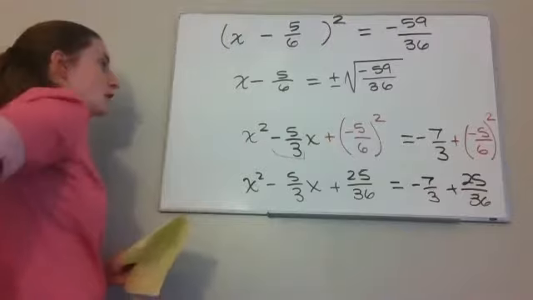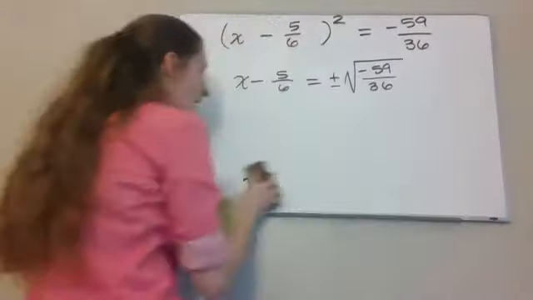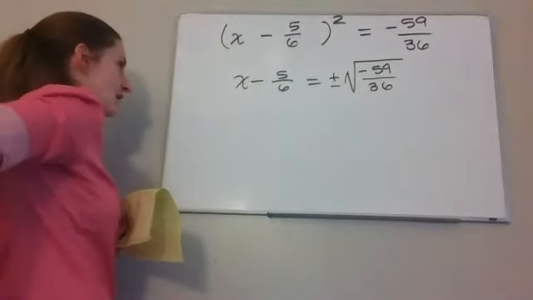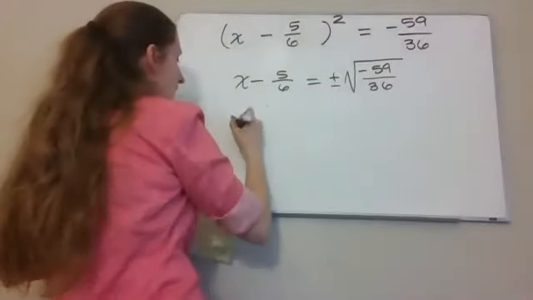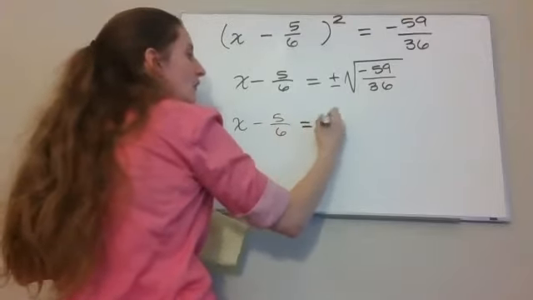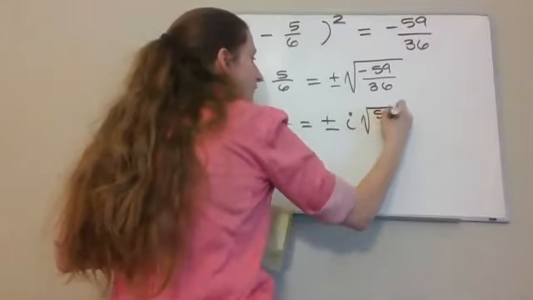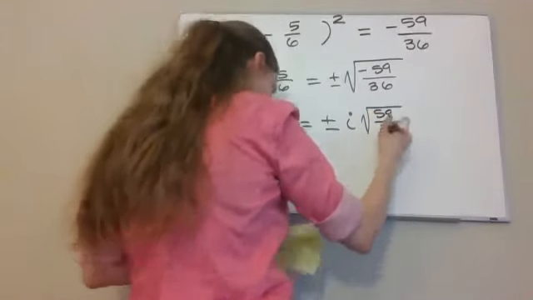Well, we know how to do square roots of negatives now. We know that's going to give us an i. So I have x minus 5 over 6 equals plus or minus i square root of 59 over 36.